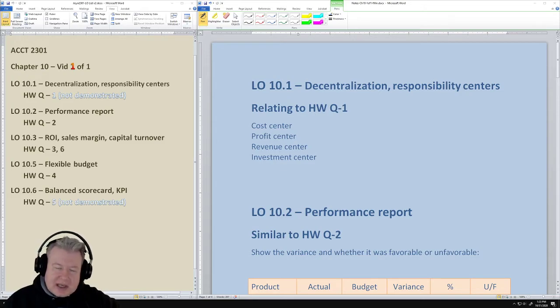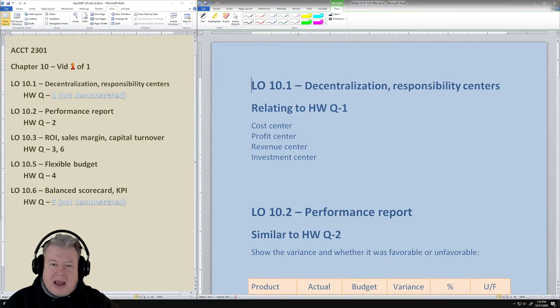So decentralization, there is an explanation in the PowerPoint and the textbook, but the responsibility centers kind of focuses on these items here. And it's a fairly simple concept. This kind of basic one is a cost center, maybe one that is only focused on costs, right? So if you're a big company that has a captive manufacturing plant, it's not like you're selling to the public. You may be just selling to the other divisions at a set price.